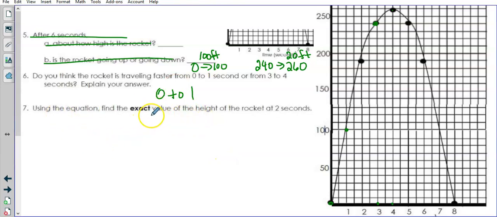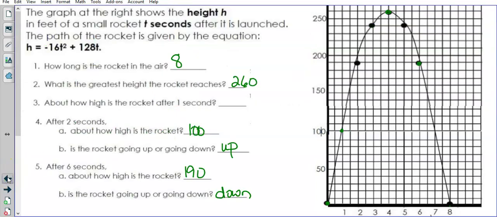Using the equation, find the exact value of the height of the rocket at 2 seconds. Okay, so what they mean by that is the equation is h equals negative 16 t squared plus 128t. I think, did they give us the equation? They did. Here's the equation right here.